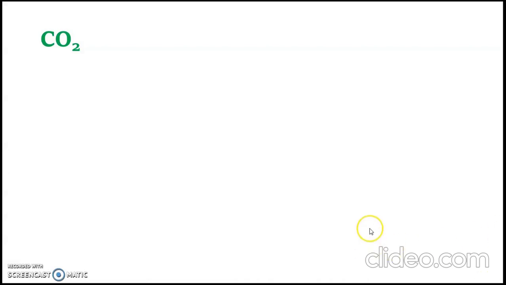You can describe this by first considering the symmetric structure of carbon dioxide. You know, the carbon dioxide molecule has no dipole moment.